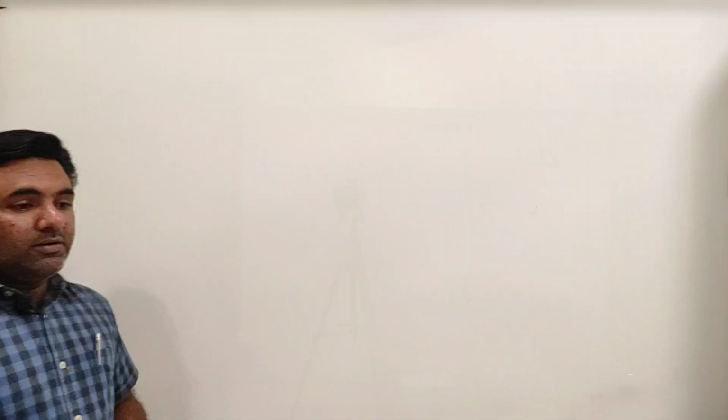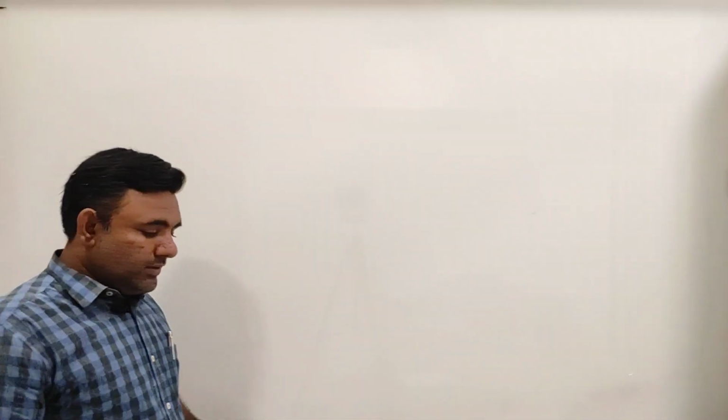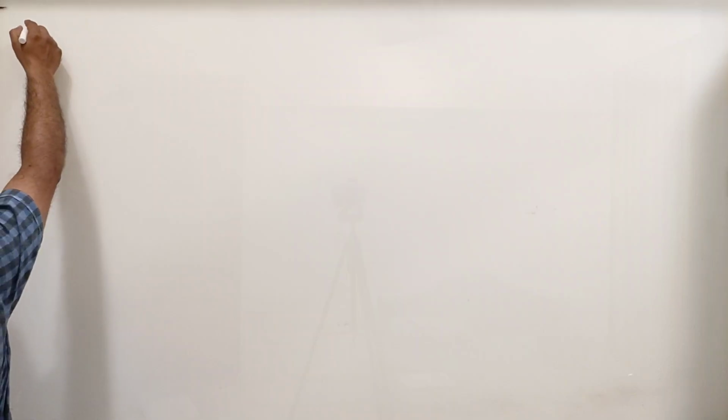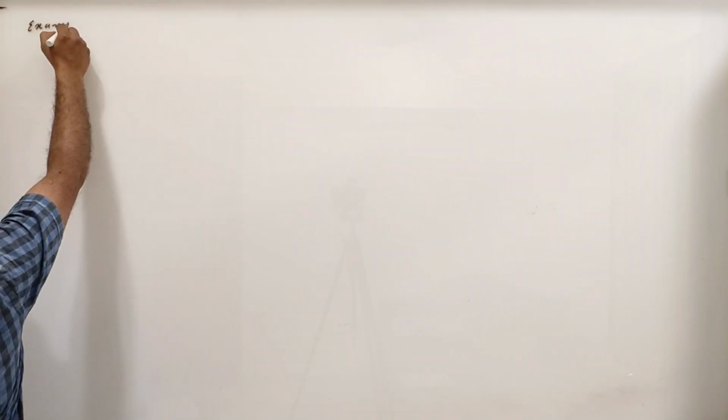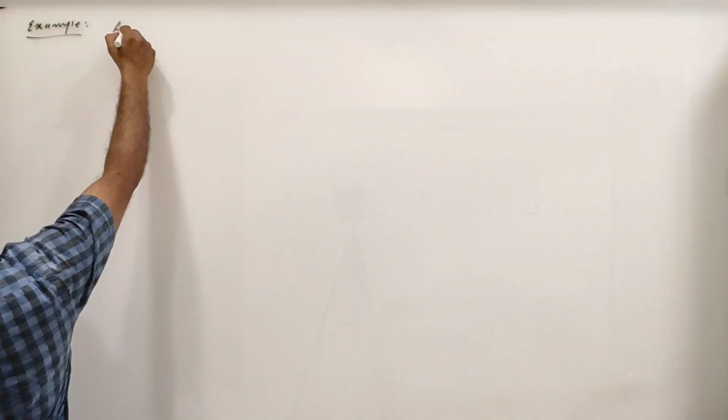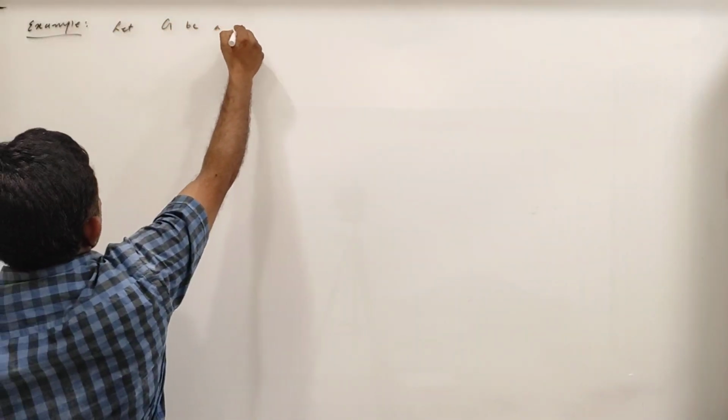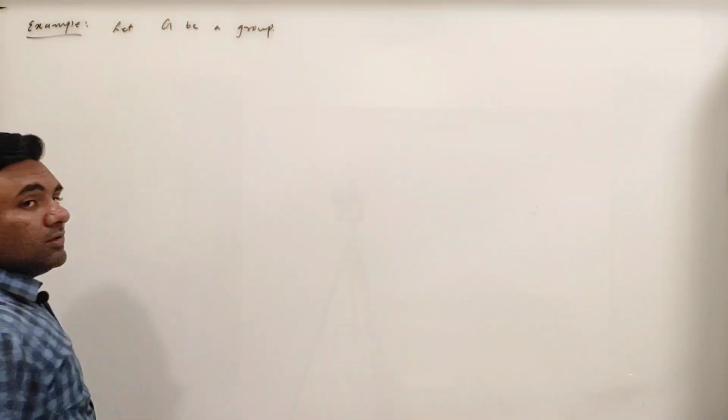So let us give one important example class of automorphism. Example: let G be a group.